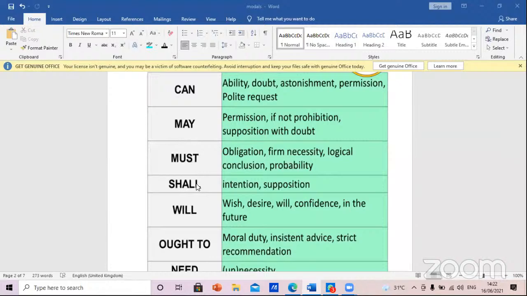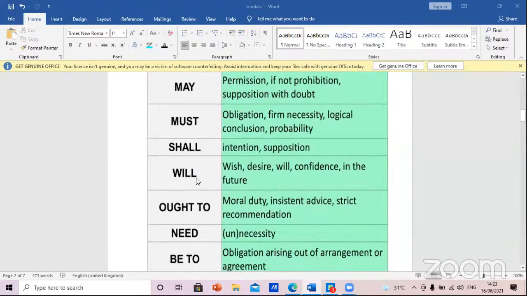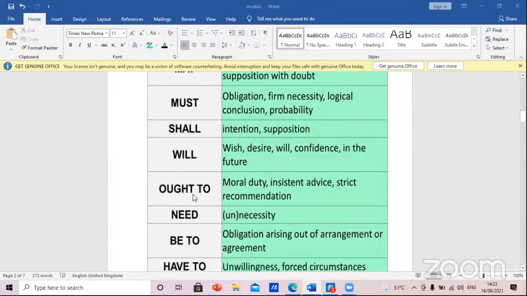Shall: intention or supposition, that means we suggest something. Will means wish or desire. We like to do that, or we ask, we inquire. Ought to means some moral duty. Being human beings, we should do that because we are human, not animals.